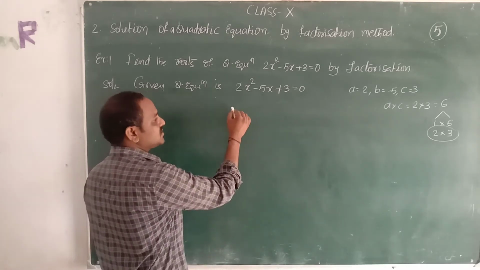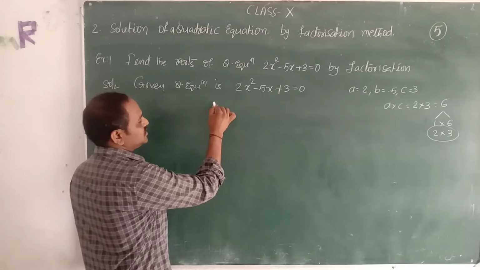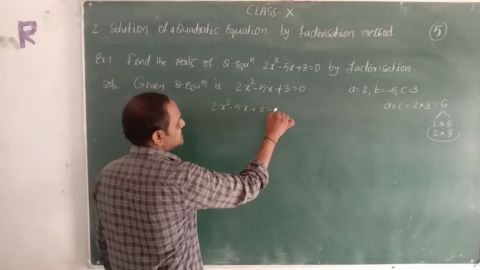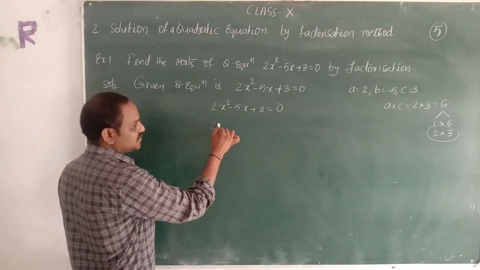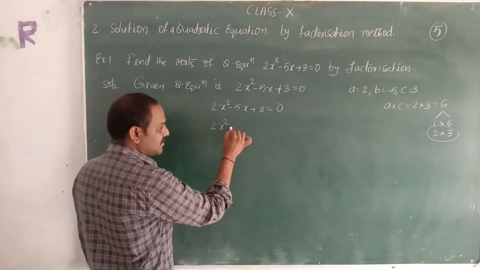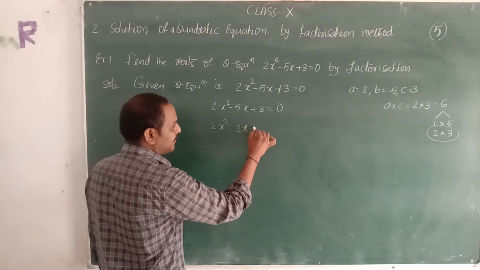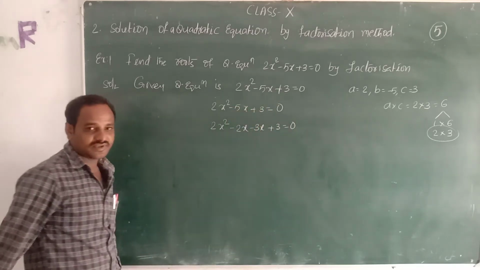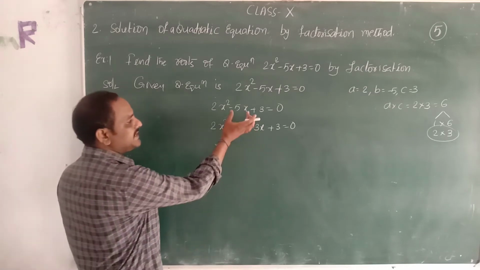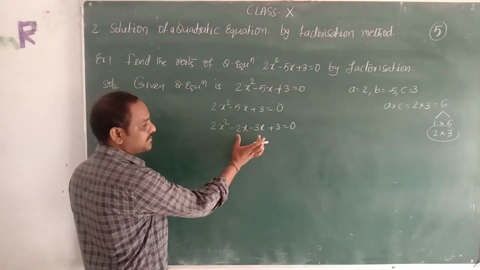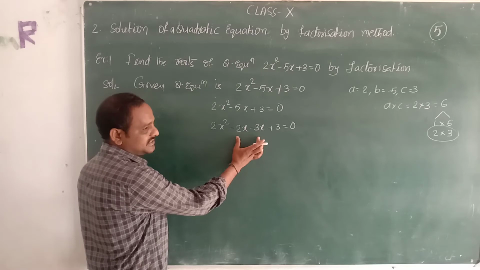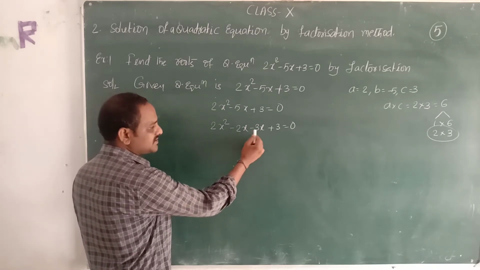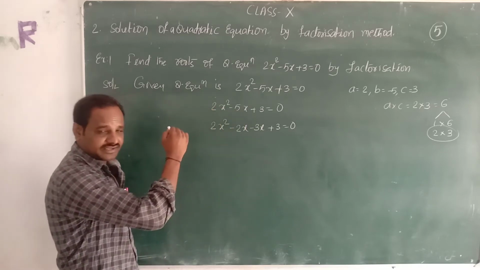So 2x square minus 5x plus 3 is equal to 0. 2x square minus 2x minus 3x plus 3 is equal to 0. Do you understand? I split this minus 5x as minus 2x and minus 3x. If you add these two, how much will you get? Minus 2x minus 3x, minus 5x.